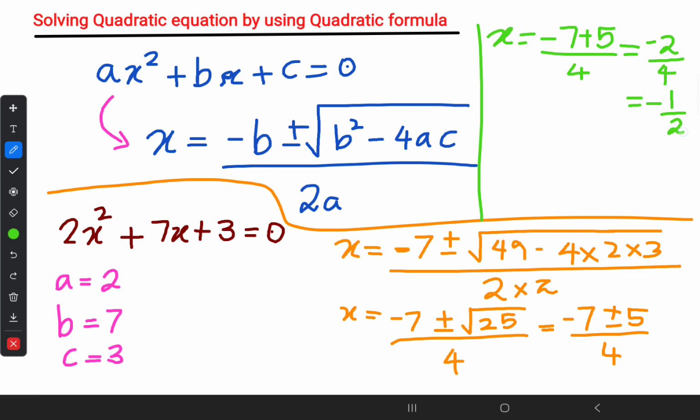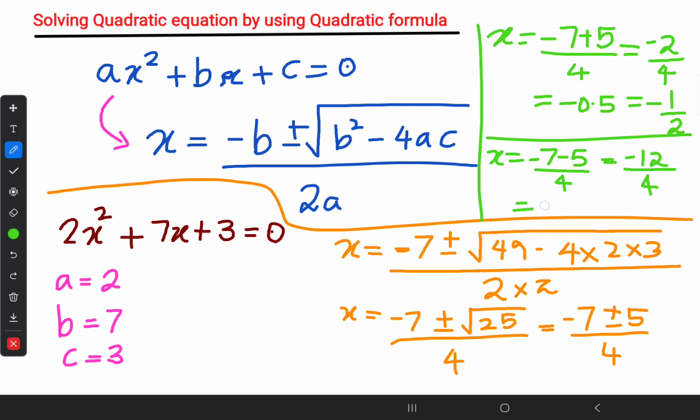If you want, you can make it a decimal: negative 0.5. That is a solution for x. The next solution for x is with the negative: negative 7 minus 5 upon 4. Negative 5 and negative 7 become negative 12 divided by 4. It will give you the x value as a whole number, negative 3. So these are the final solutions for x.